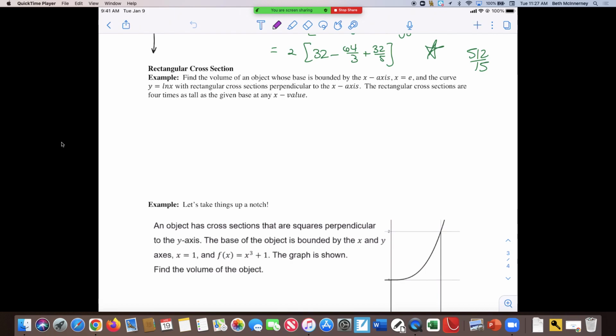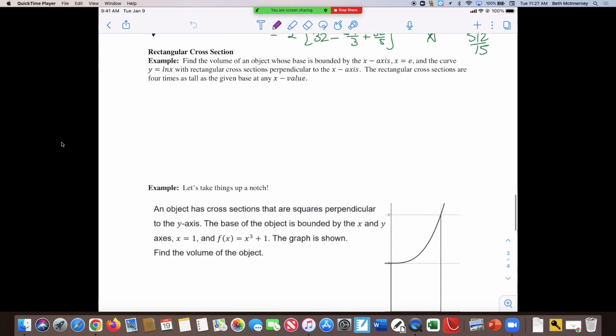Yesterday we played with Play-Doh, and we looked exclusively at cross sections that had a square base. So what I had in the notes was we looked at a loaf of bread, you slice a loaf, and that's the slice, and what you see inside the loaf is in fact a cross section.